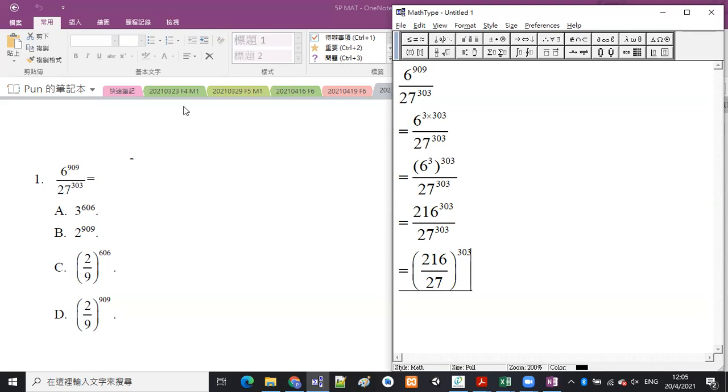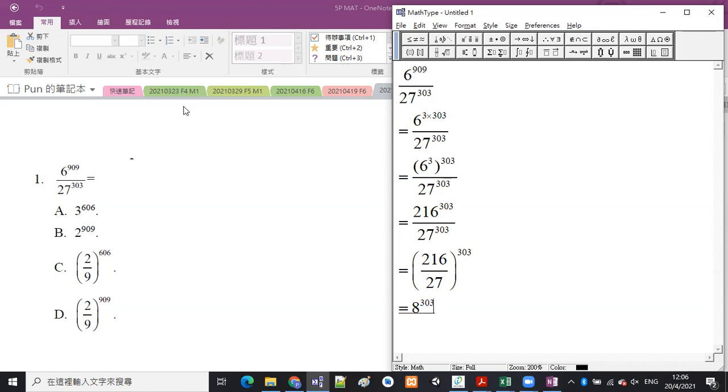Now, after taking out 303, it becomes one simple fraction here. Then we may use the calculator to simplify this fraction. So what is 216 over 27? 8. Okay, so it should be 8 to the power 303. You get this? Okay, so basically this can be the answer, but unfortunately it is multiple choice questions.